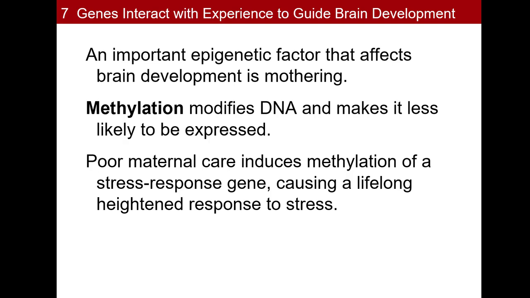If an individual receives poor mothering, so the mother is abusive or neglectful, not providing for the offspring, then that individual undergoes this methylation process, which makes the stress response gene less likely to be activated. Basically, what happens is that the part of your genes that are built in to keep you from being overwhelmed by stress are not as active, which causes a heightened response to stress.